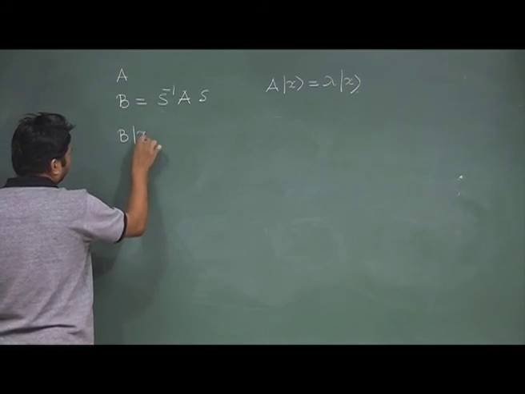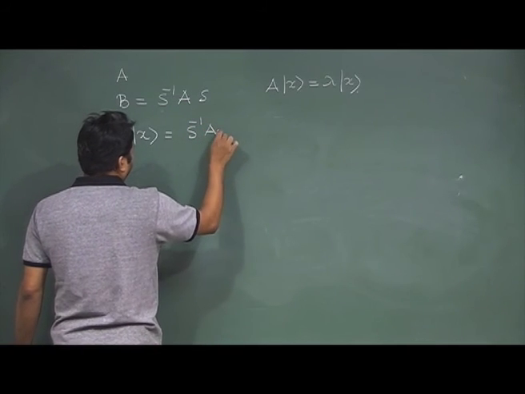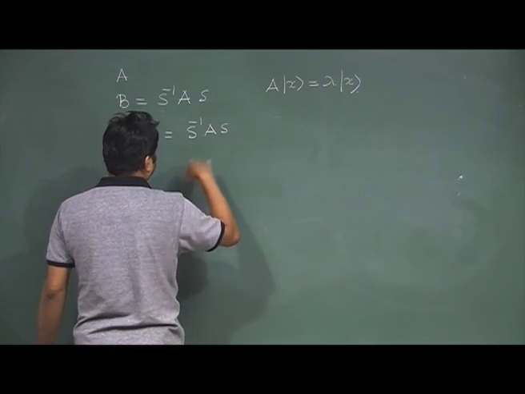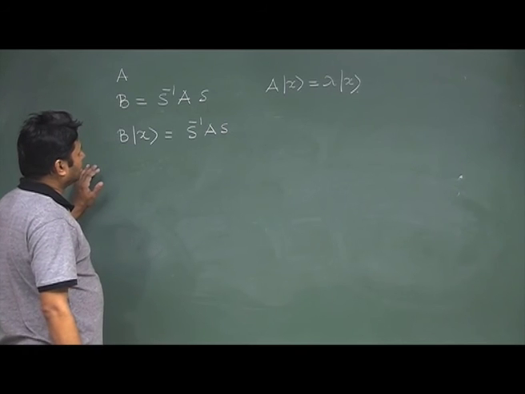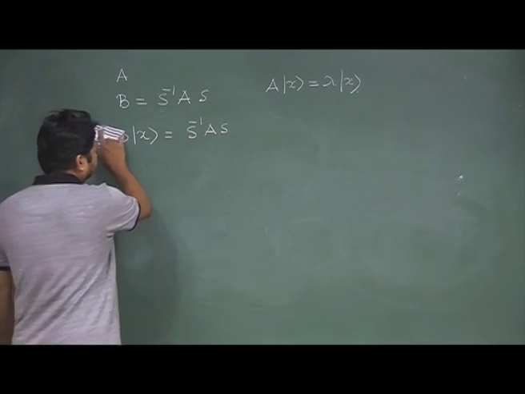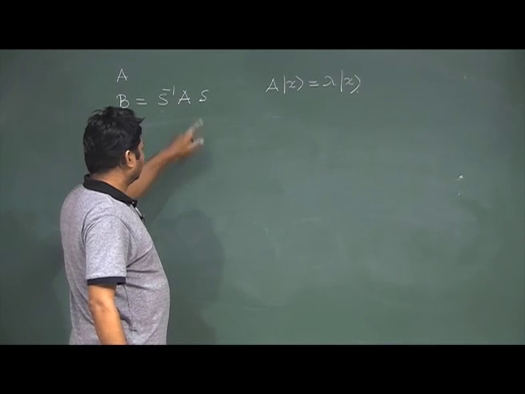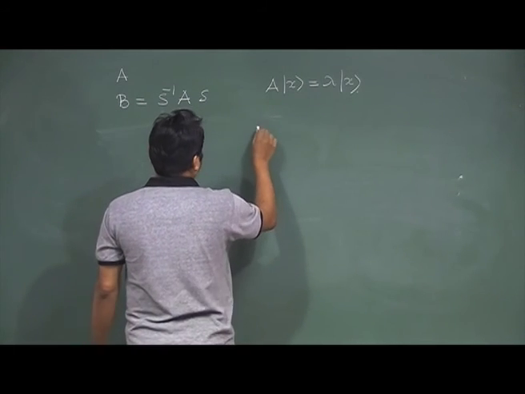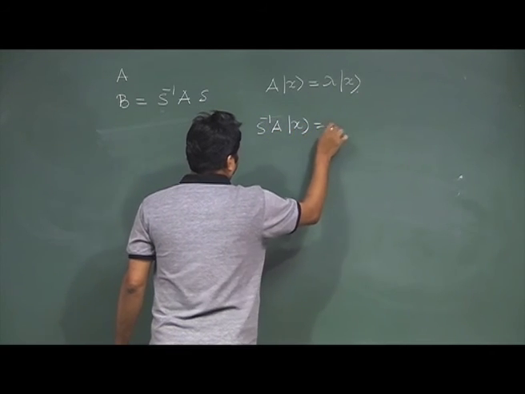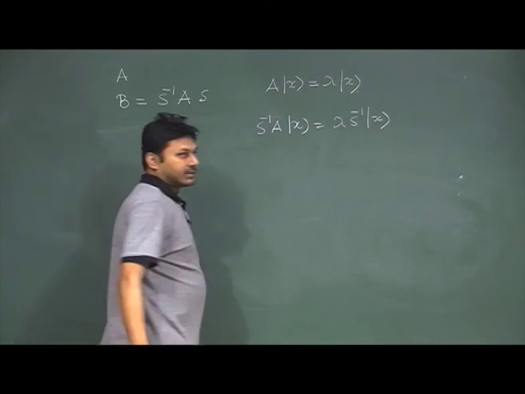So, if B operates over x, I am operating A. Let me do it in that way. So, A is here, S is related to that. So, I write these things in this way: S inverse A x is lambda S inverse x.